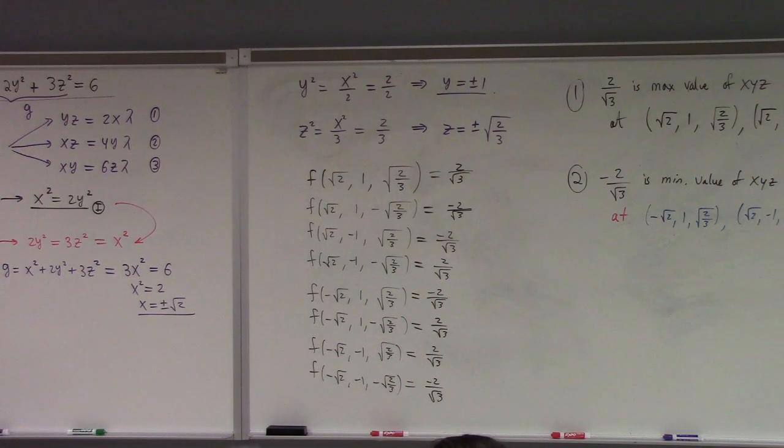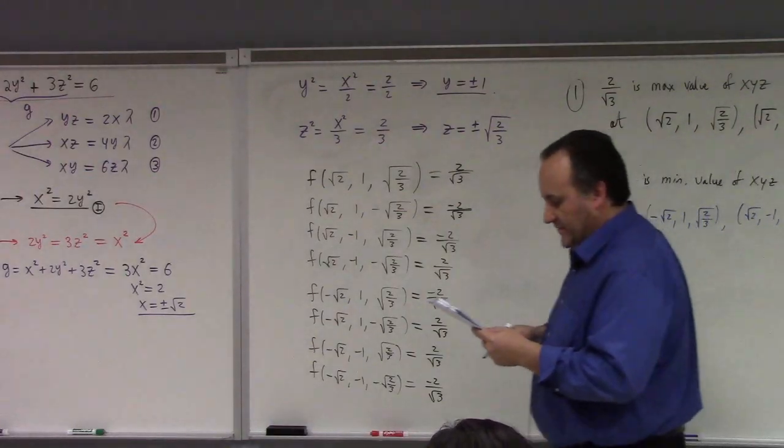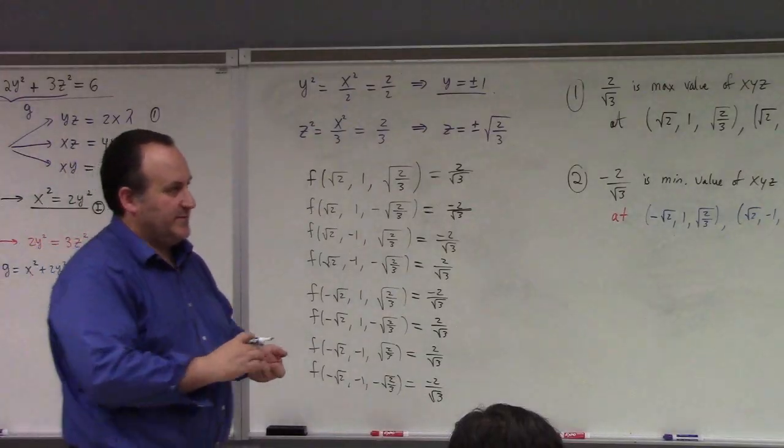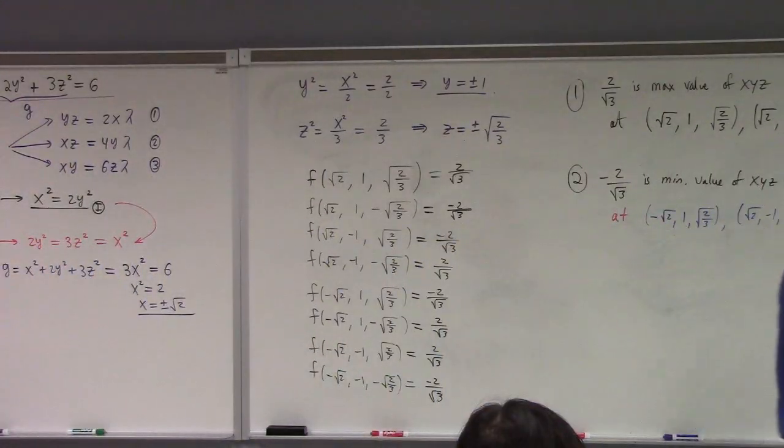We're trying to maximize the volume. So the constraint, so the objective function is the volume, which is what? Right. So the V is like my f. So x, y, z.